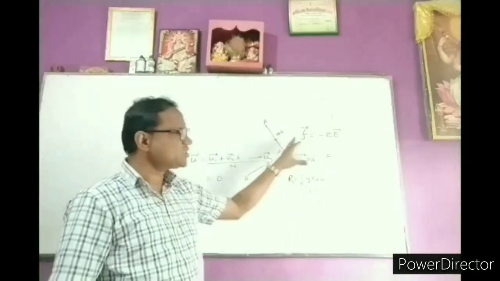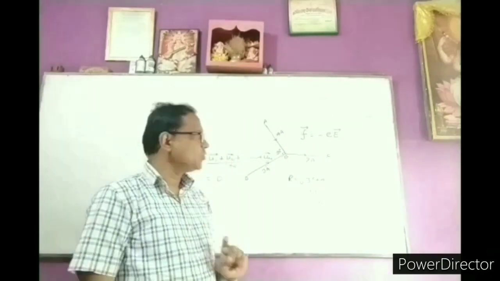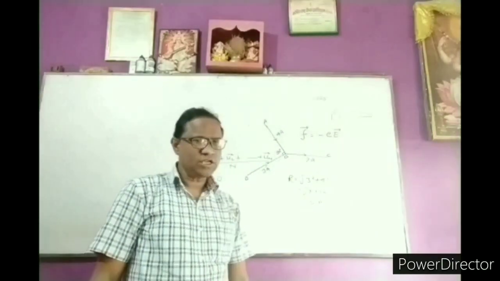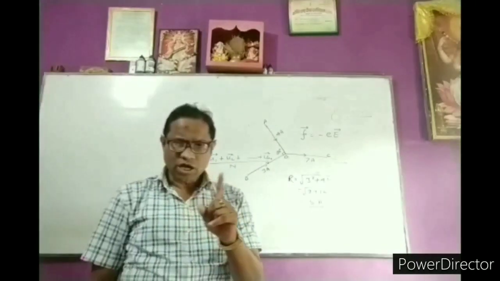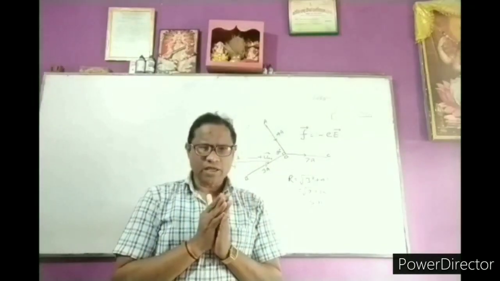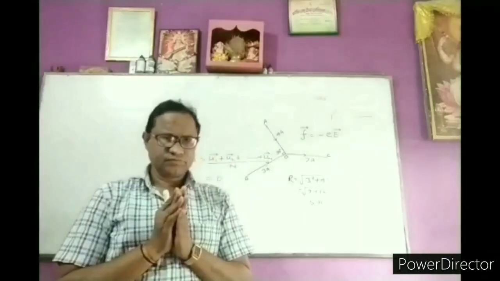The force experienced by one electron, F is equal to minus eE, is in the direction opposite to the direction of the electric field.